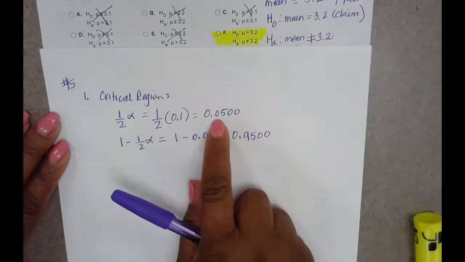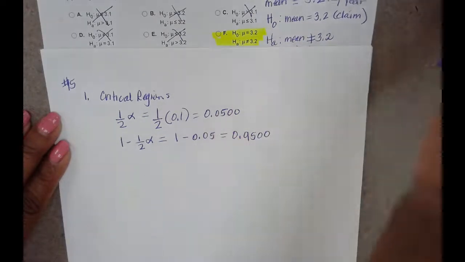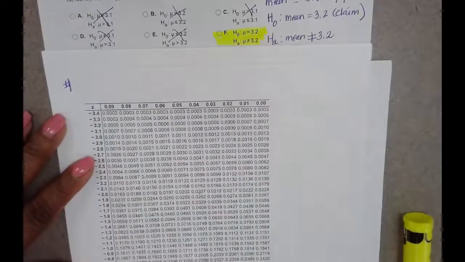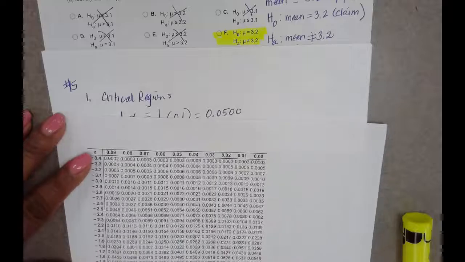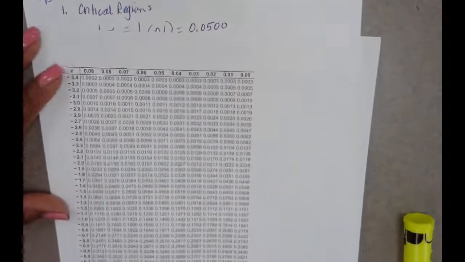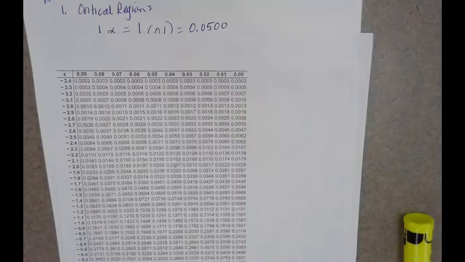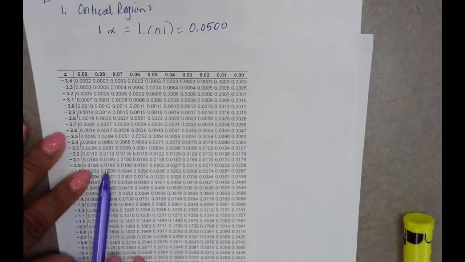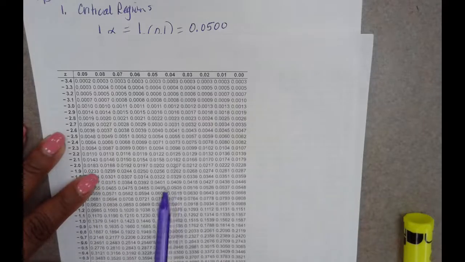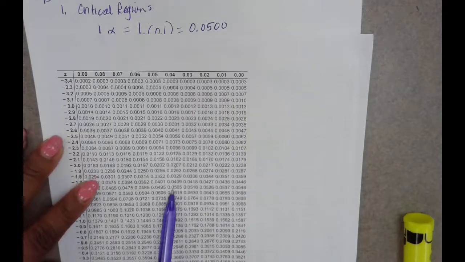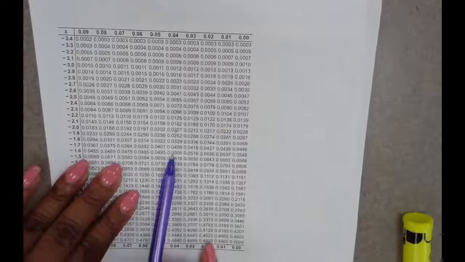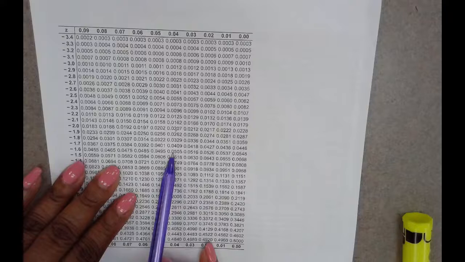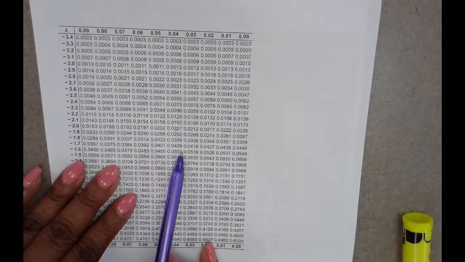I need to go to the table to find the values that correspond to these probabilities. Well, I know this one's going to be negative, because look how small that is. Let's go here to the negative, and I'm looking for 0.05, or as close as I can get to it. I don't see 0.0500, but I do see that it falls between these two values.